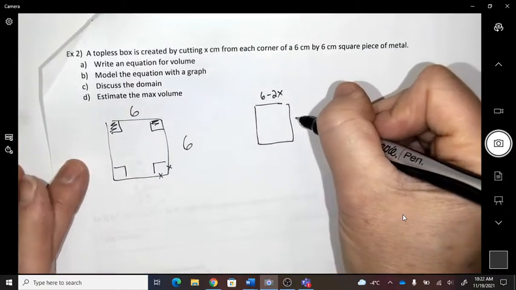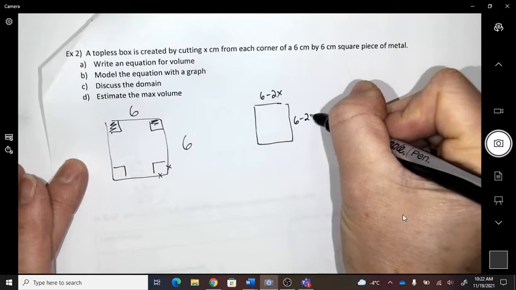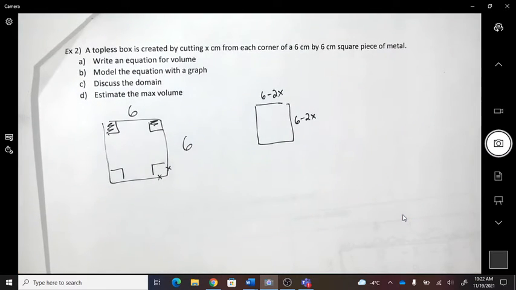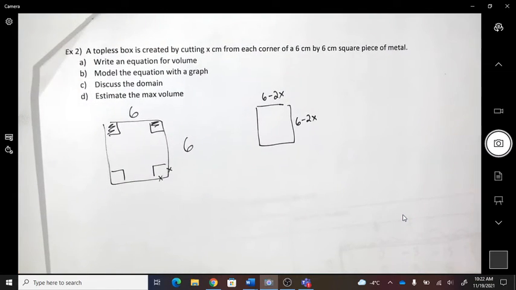And the new dimension here, also 6 minus 2x. Okay, so we're going to talk about the volume of this box.